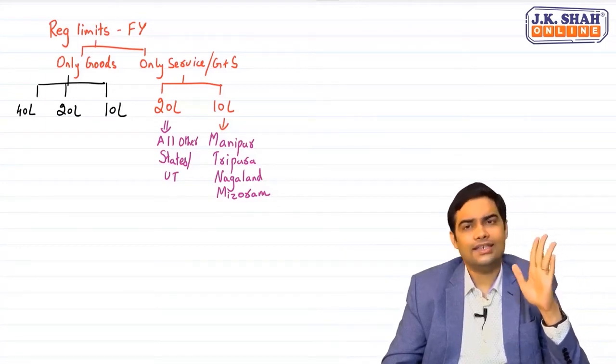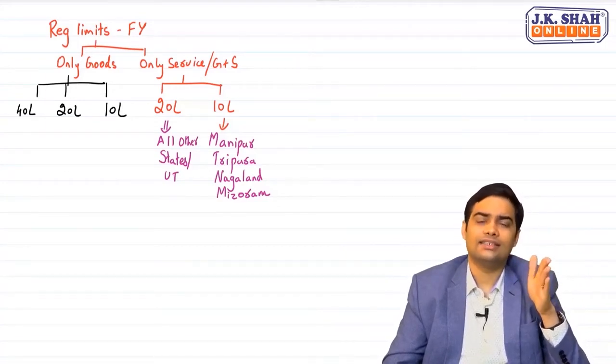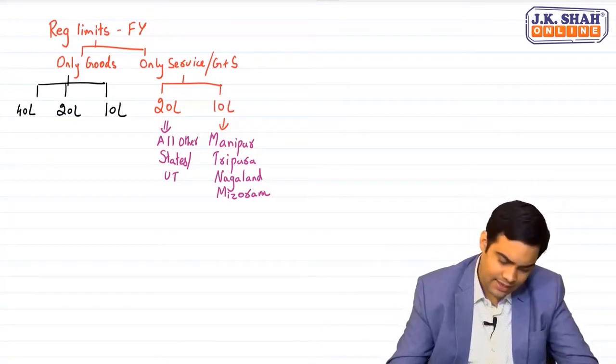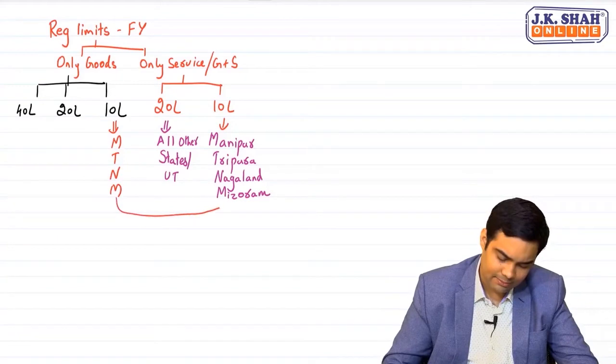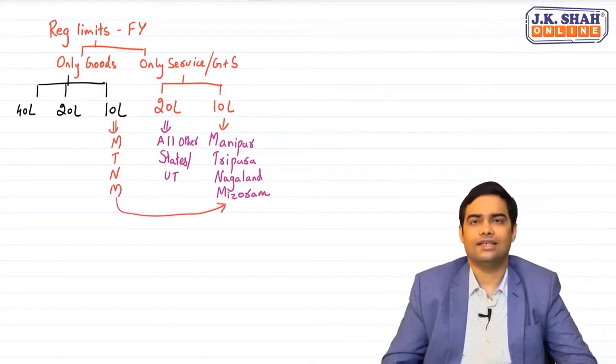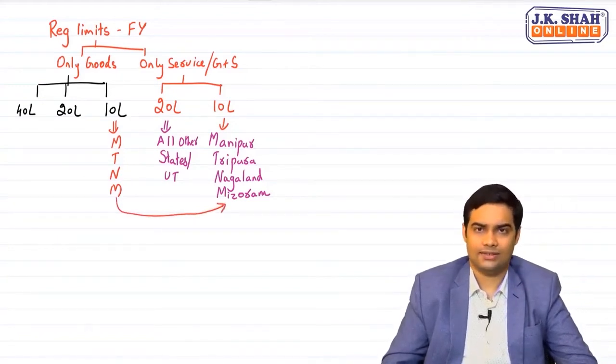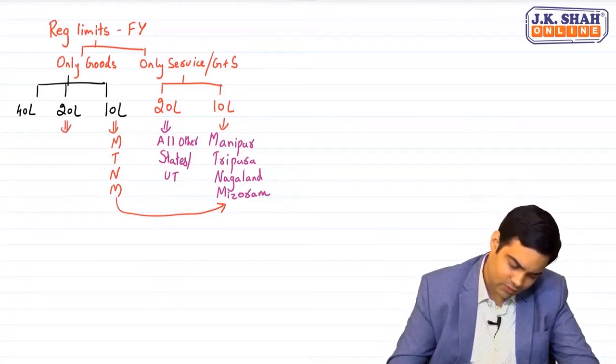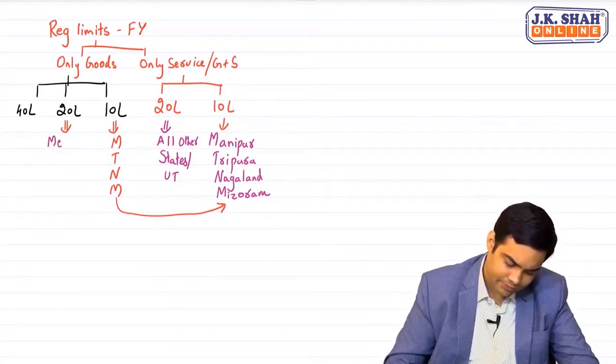So, let's see what are the states which are covered in 20 and 10. 10 lakh is applicable for the same Manipur, Tripura, Nagaland, Mizoram, the same as for services or goods plus services. 20 lakh is for 6 states. Now, which are these 6 states?